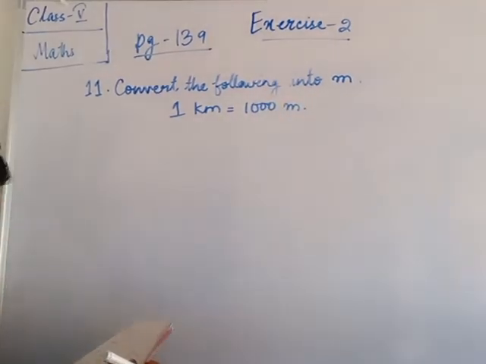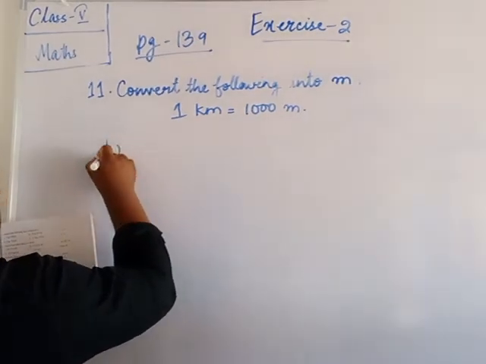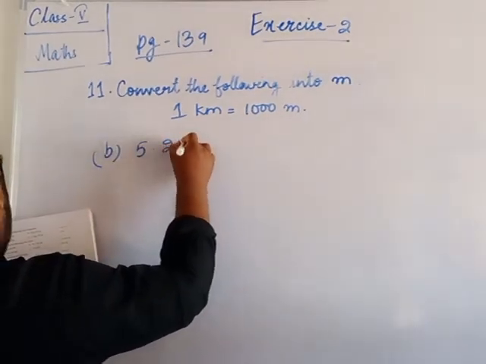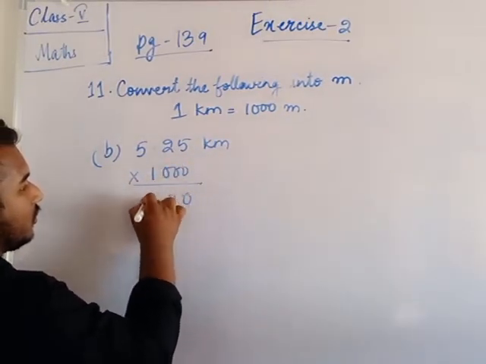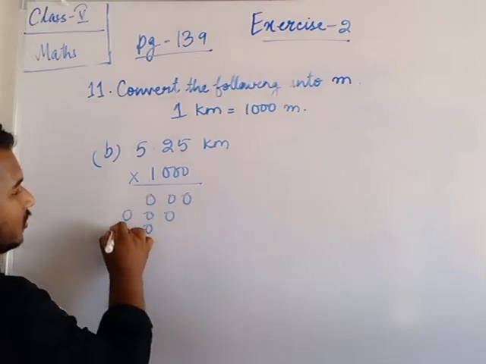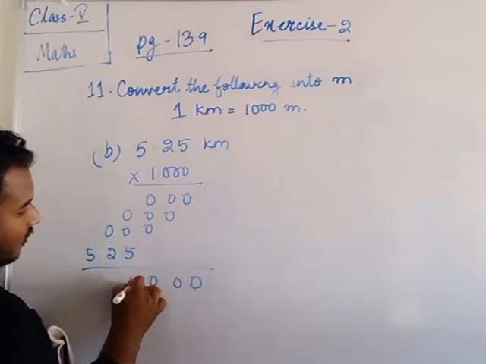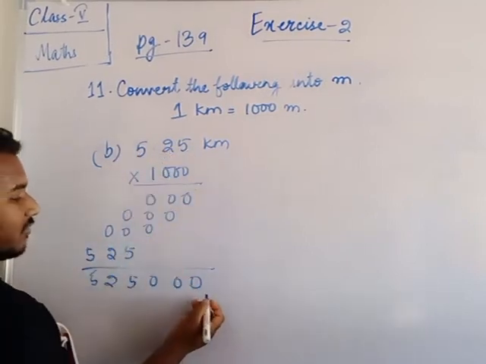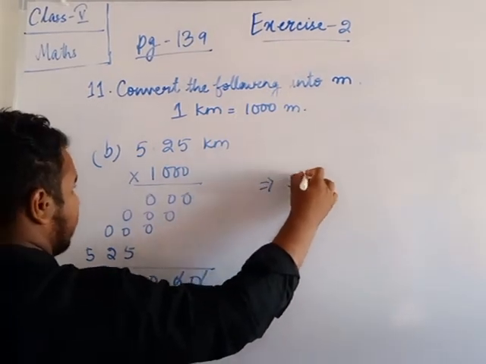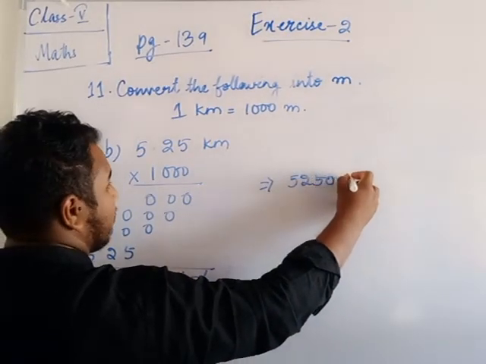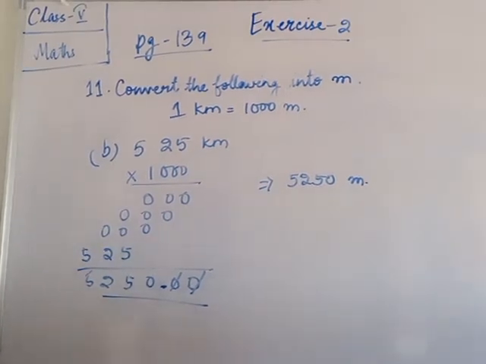Applying this we will solve. Look here, B number question. 5.25 kilometer into 1000. 0 0 0 0 0 0 0 0 0. Now 525. After point 2 digits, cut from here 1 2 digits. Then answer is 5250 meter. Understood? Very simple.